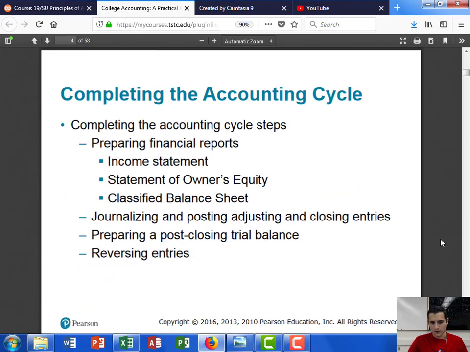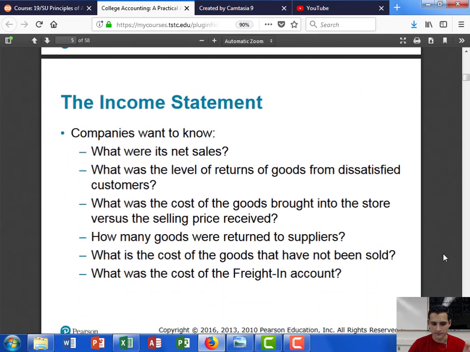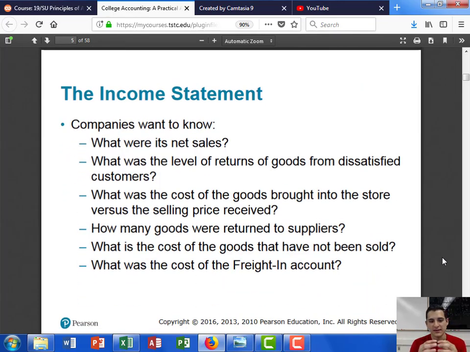Like I've already said, it's going to be going over all three of those financial statements. The classified balance sheet is just a more in-depth or more itemized balance sheet, so you know what is where and how much it is in value. Same thing with the income statement. It's going to calculate a lot more of what goes into the whole process of the merchandise inventory.